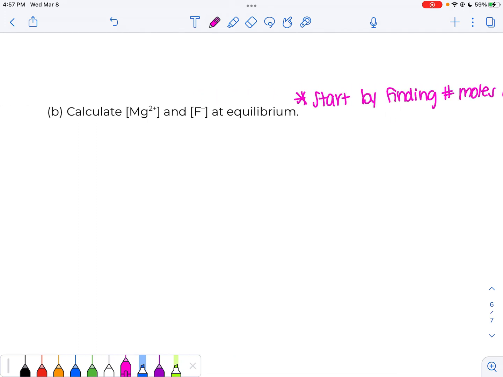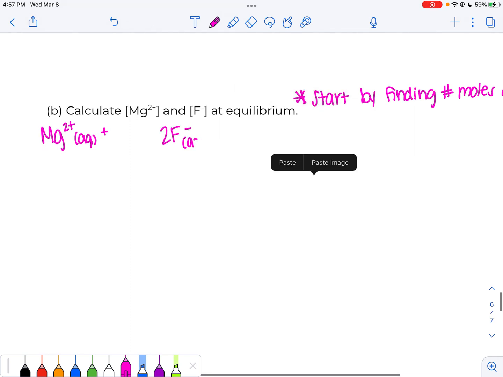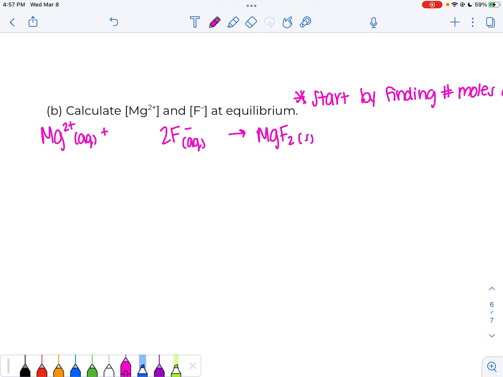All right, so we know that we are working with this reaction right here. Our magnesium ions are reacting with our fluoride ions, and we are making the solid precipitate magnesium fluoride. I'm going to move this over a little bit to give ourselves some more space.